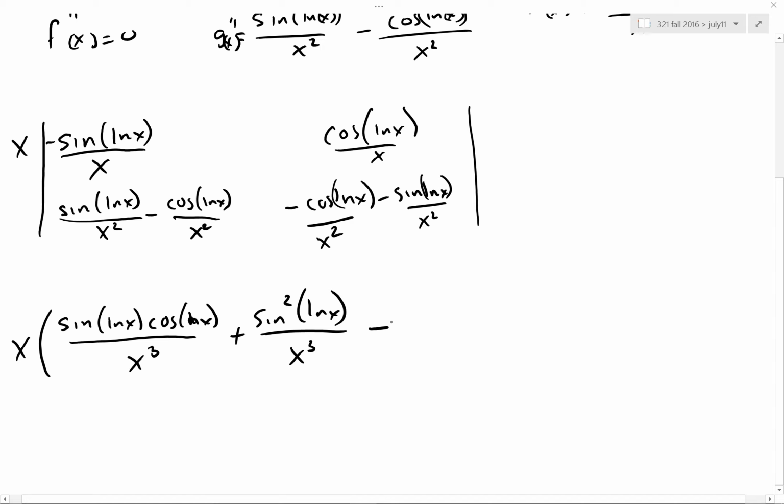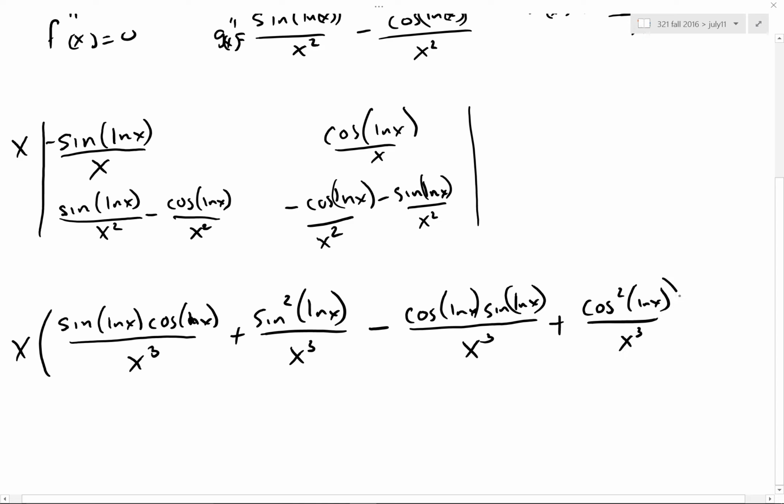Always minus on the next one. And then it's going to be minus cosine ln x sine ln of x over x cubed. And then the next part's going to be positive cosine squared ln of x over x cubed. Oh, that's handy.